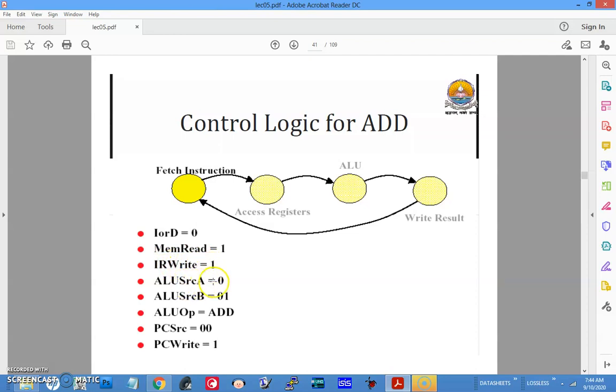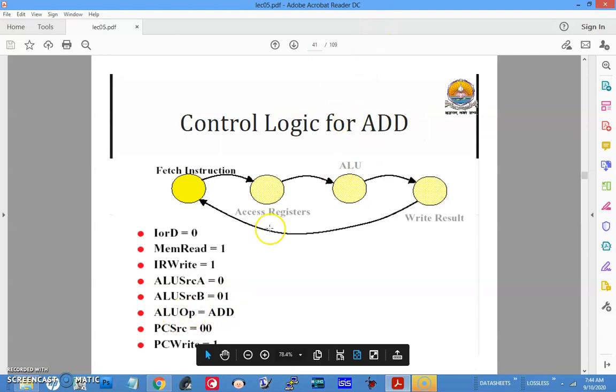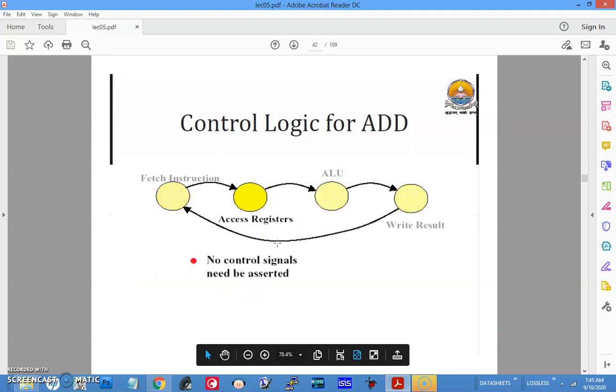So ALU source A and ALU source B are set to the respective values. Then ALU operation is add, and PC source, PC write. So while instruction fetching itself, you are also decoding it and generating the necessary control signals for the subsequent clock cycles.